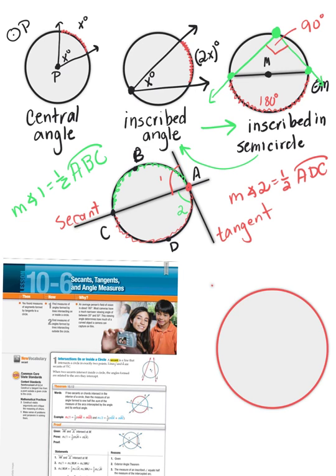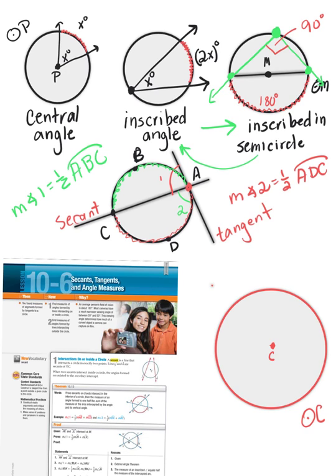So I'm going to put a C here because this is circle C. But I've got an angle formed inside the circle that is not on the circle and it's not the center. So it's going to be formed by two intersecting chords or two intersecting secants. They would form the exact same type of angle.